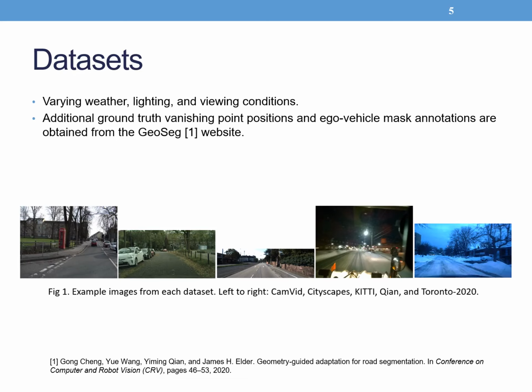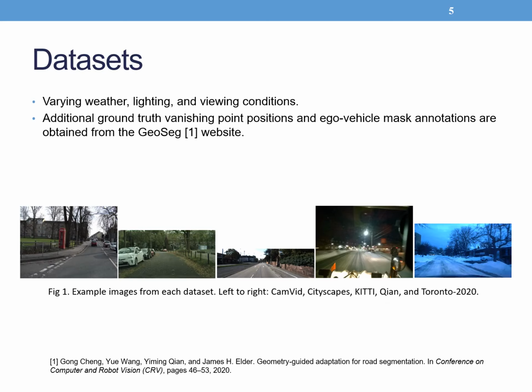As in GeoSeg, we use 5 diverse row segmentation datasets for method development and evaluation. Overall, those datasets involve driving scenes captured by vehicle-mounted cameras under varying road, weather, lighting, and viewing conditions. We collect and approximate average intrinsic and extrinsic geometric parameters for all 5 datasets.